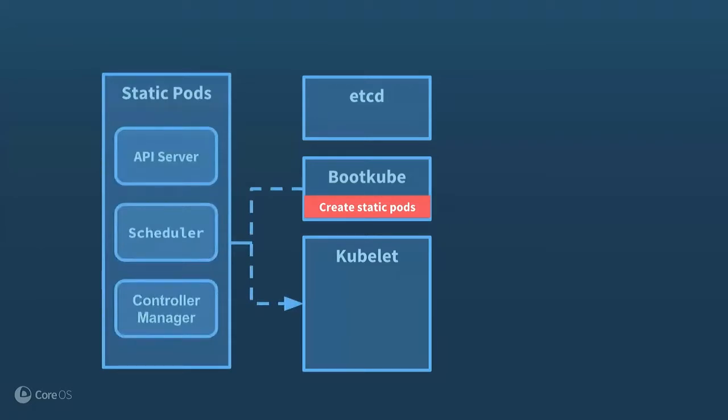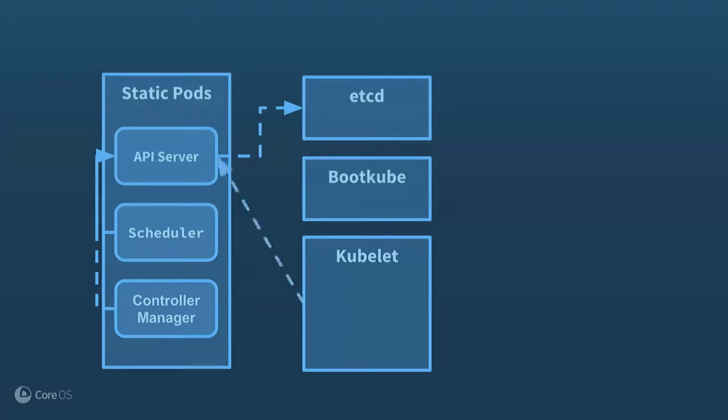The kubelet watches that directory and creates these static pods, which are Docker containers. These pods talk to our etcd cluster that is already running. And then the kubelet is configured to talk to this API server. So once the API server is running, the kubelet joins, and now we have effectively a one-node Kubernetes cluster.